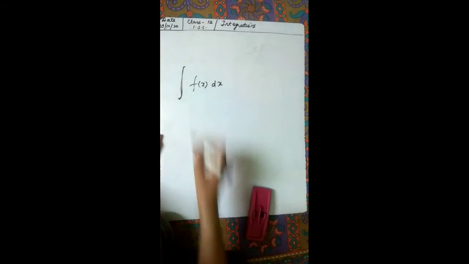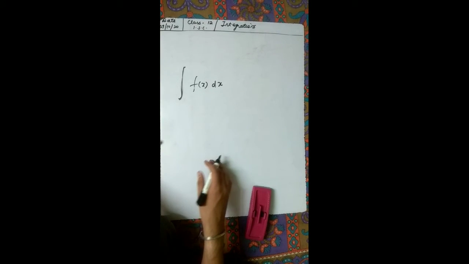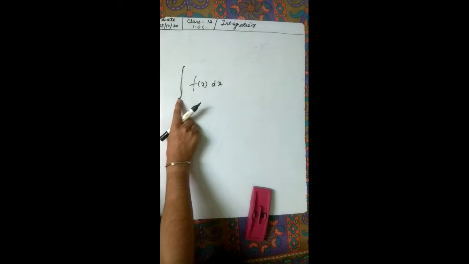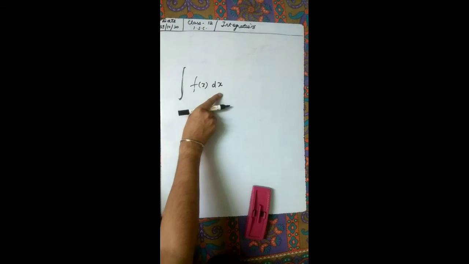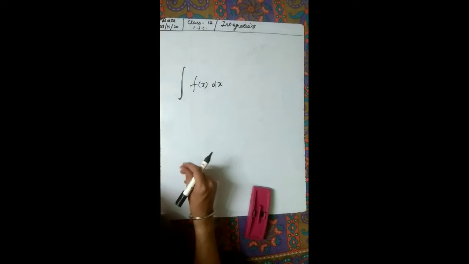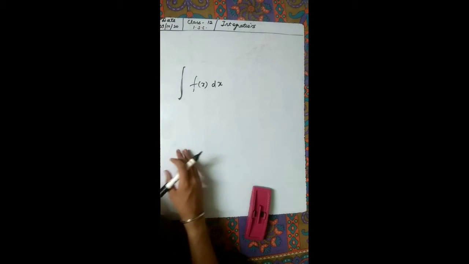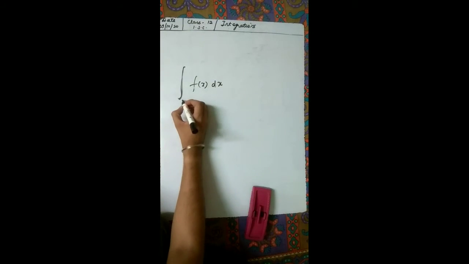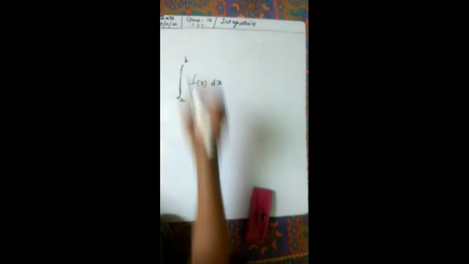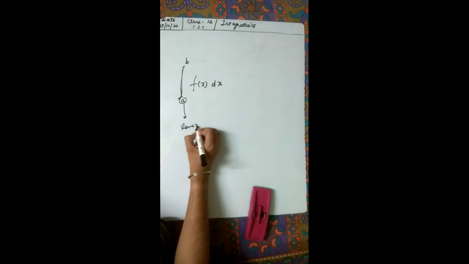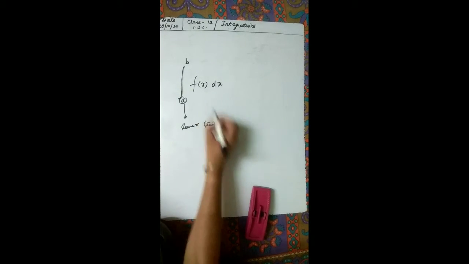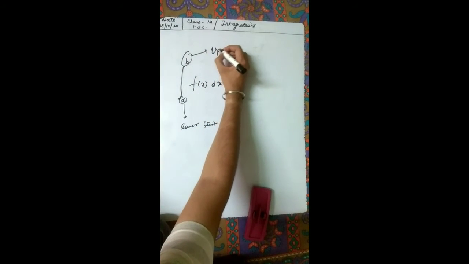Now let me make you see what a definite integral looks like. We used to use this integration sign and f(x) dx, but in the definite integral we need to use the limits also here. This a is called the lower limit and this b is called the upper limit.